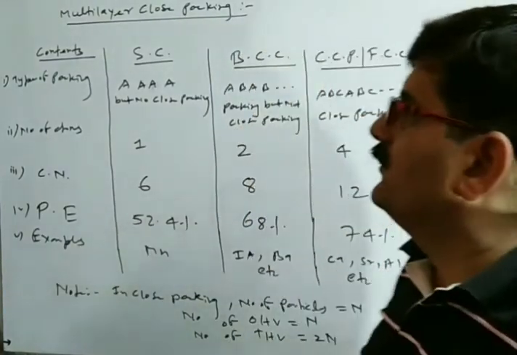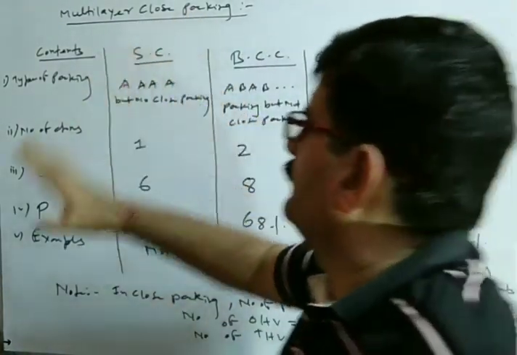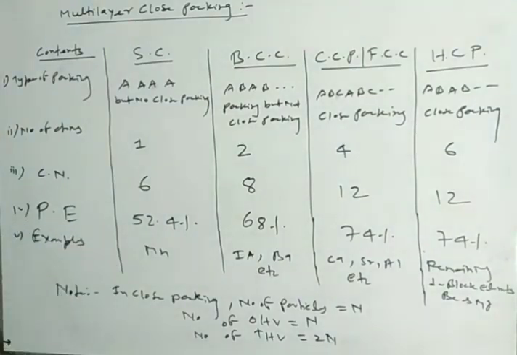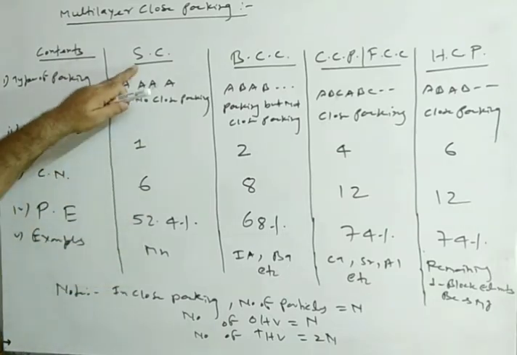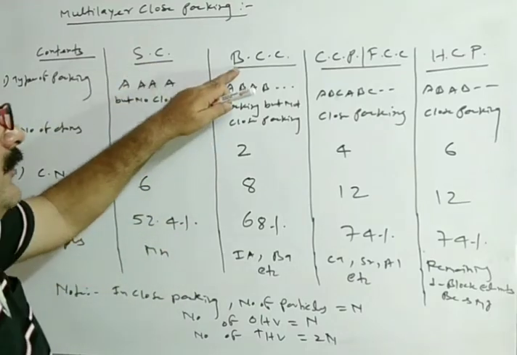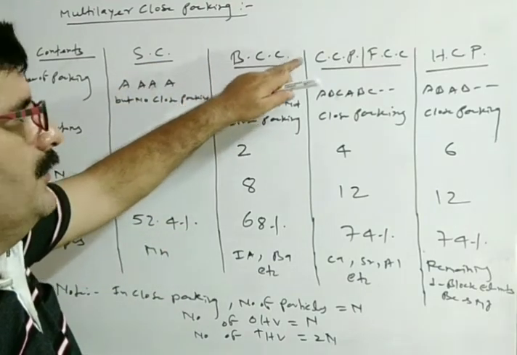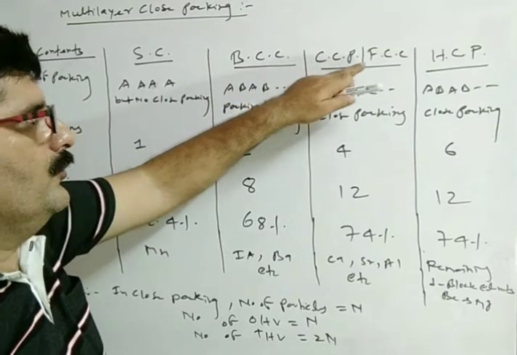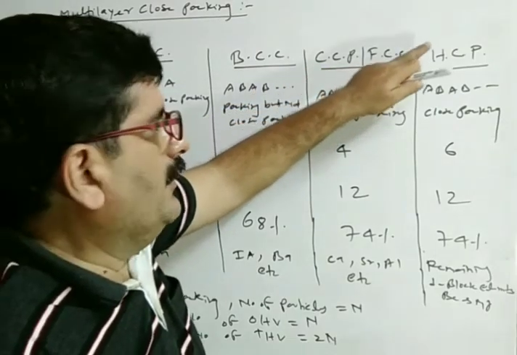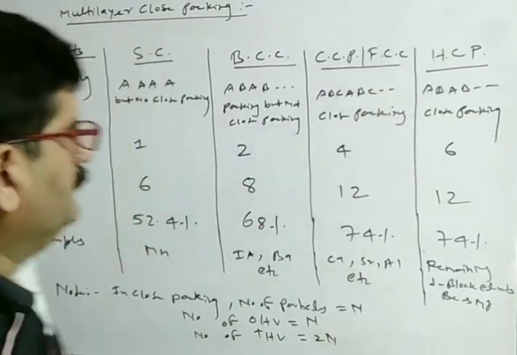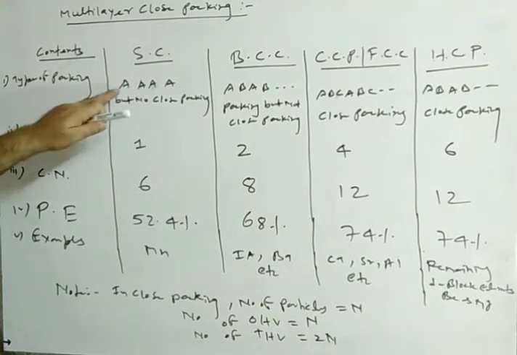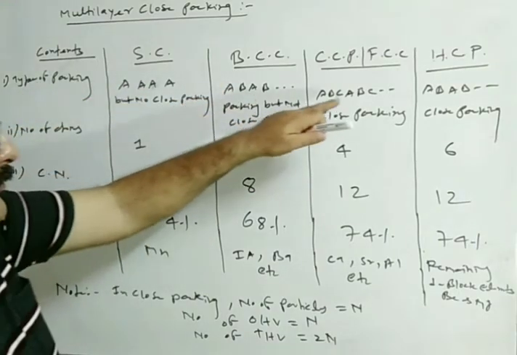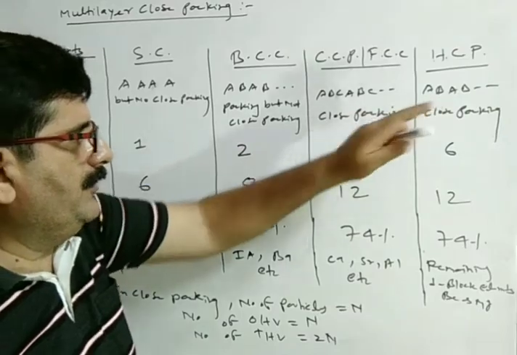Our next topic is close packing. We know very well there are so many types of packings present in a crystalline substance. First one simple cubic, second one body center cubic, third one cubic close pack, or you can say face center cubic, and last one hexagonal close packing. The arrangement: AAAA, ABAB, ABC ABC, ABAB.